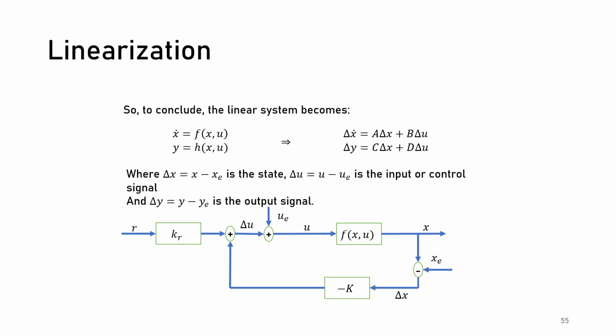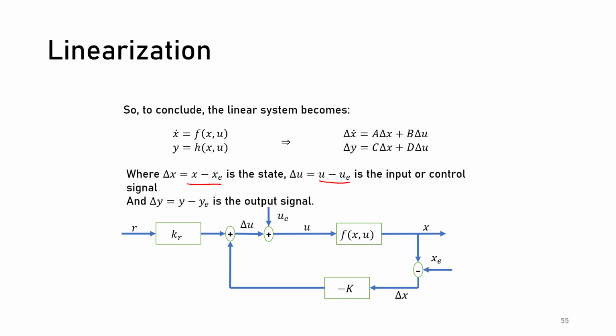Okay, and so here delta h equal to h minus h equilibrium, delta u equal to u minus u equilibrium, and this becomes the input of the control system. And delta y is the output of the system.